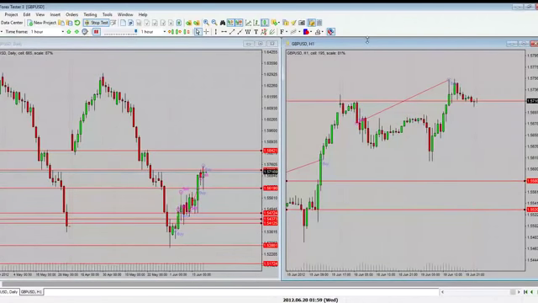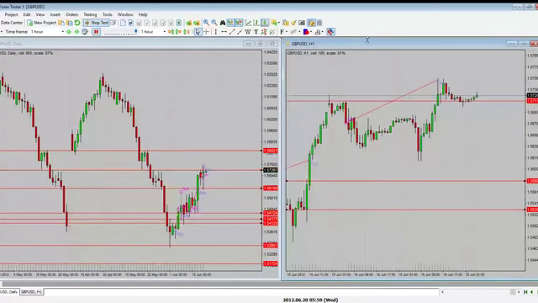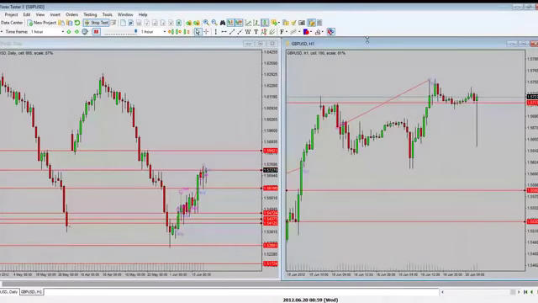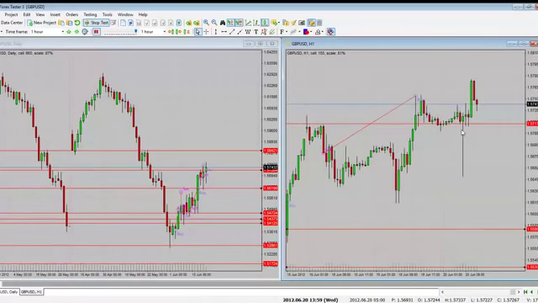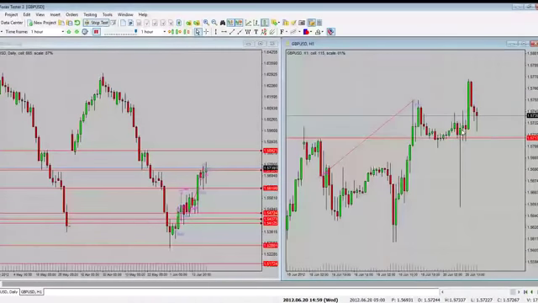So let's take a look. Okay, so bias is bullish. So price needs to break that high for it to continue higher. There we go. So now we have cleared the high. So price is likely to go higher here. Okay. Actually, you know what?